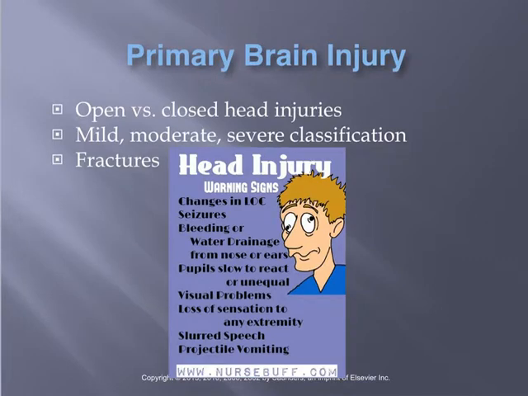So they can have a primary brain injury, and that's open versus closed. So with open, we think of projectiles, knives, guns. With closed, we think of falls, motor vehicle accidents, or fights. This could be something like a concussion, and that involves a blow to the head, and there's a bruising type injury to the brain because it's thrust against the skull.